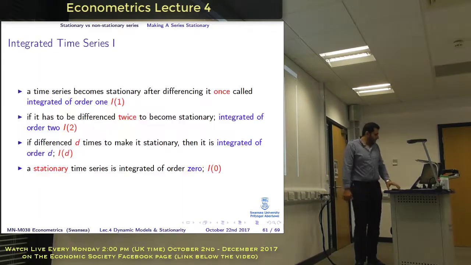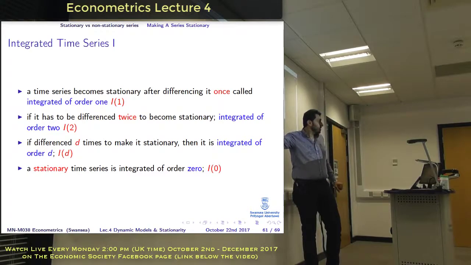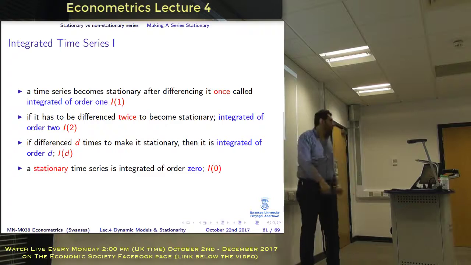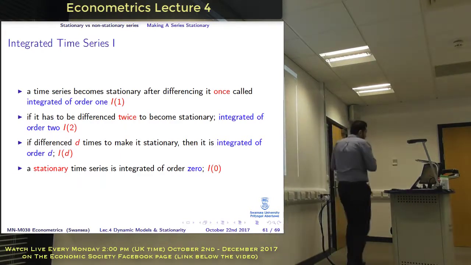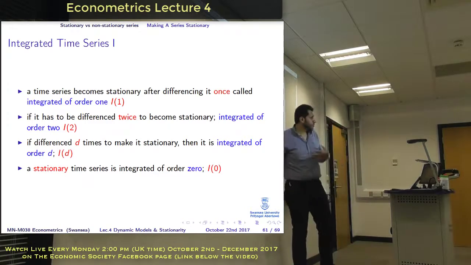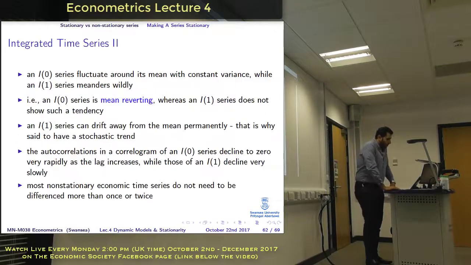So the exchange rate series we had is I1 because we had to difference once to become stationary. That means it is integrated of order 1. But if it was stationary in the first place, in level, it would have been called I0, or integrated of order 0.